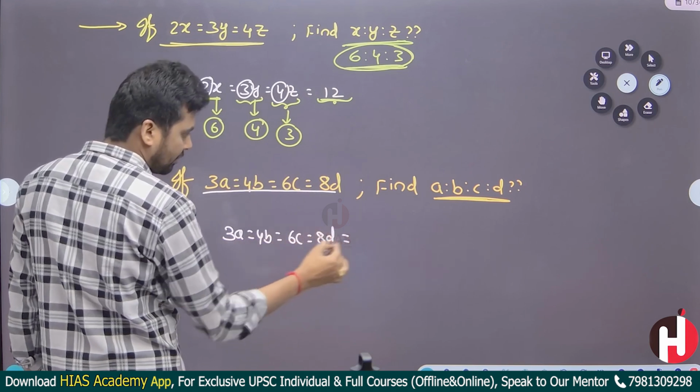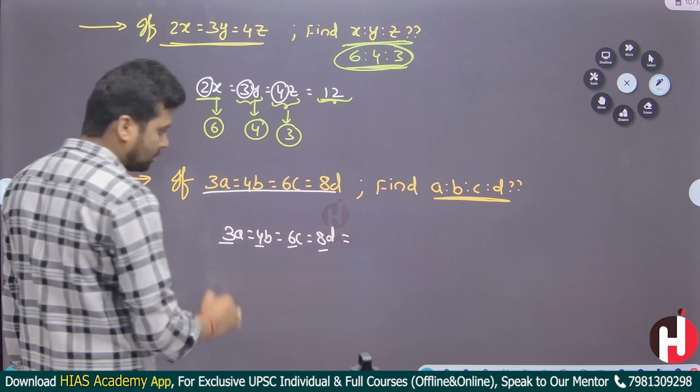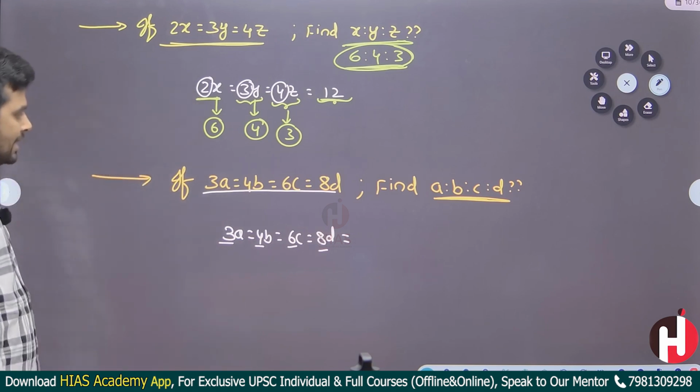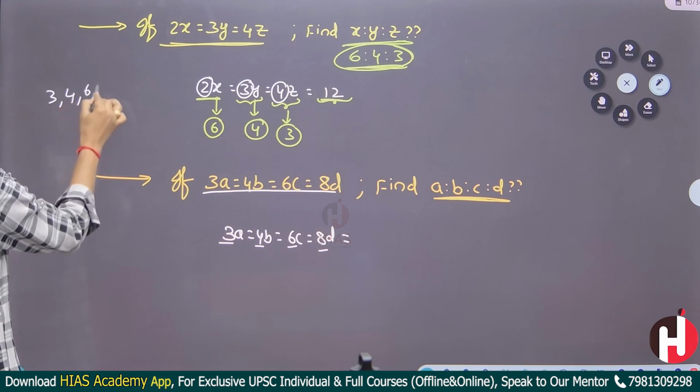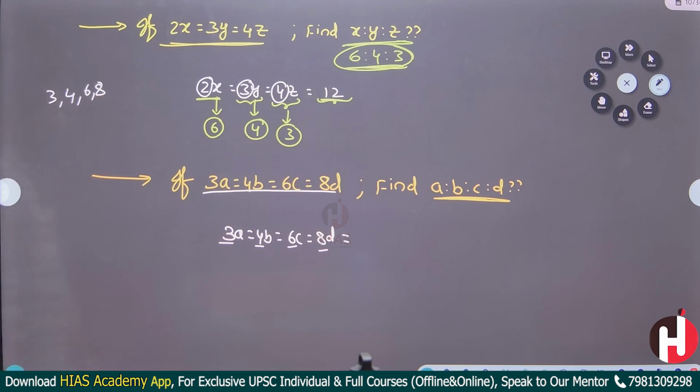First we need to equate all these terms to the LCM of the given numbers. The given numbers are 3, 4, 6, 8. When finding the LCM, you can cancel out the factors: 6 is divisible by 3, and 8 is divisible by 4, so the remaining two numbers are 6 and 8. 8 is not divisible by 6.